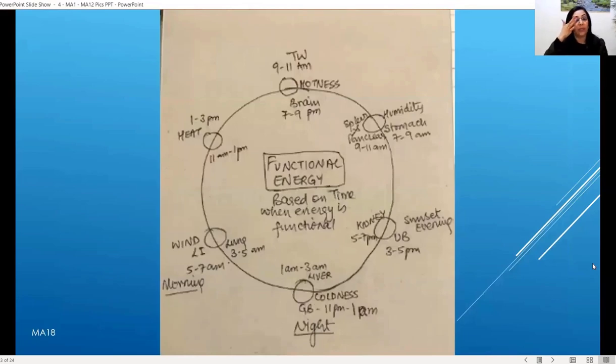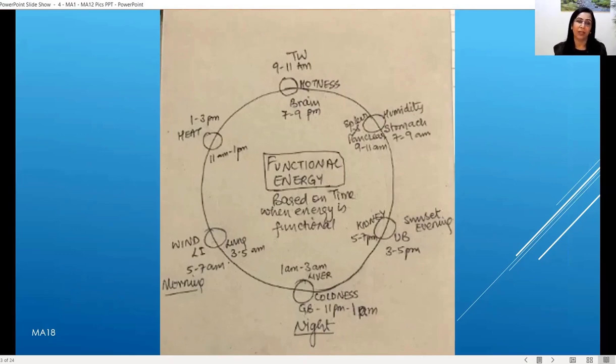In this, if you notice, the bottom three energies, the wind energy, the coldness energy, and the dryness energy, these three change according to functional energy. But in the energies on top, the heat, hotness, and humidity, structural and functional are the same.